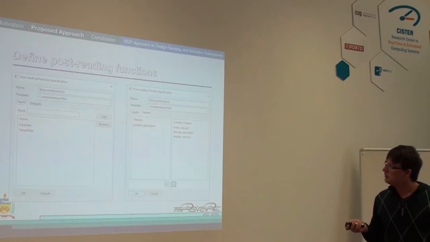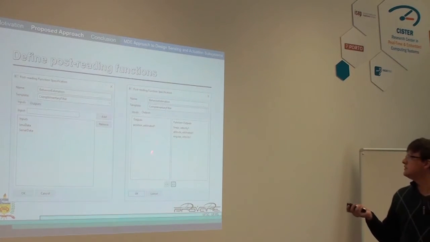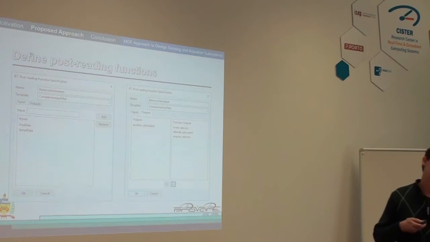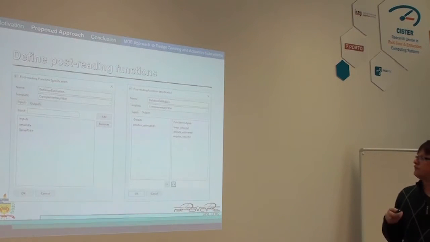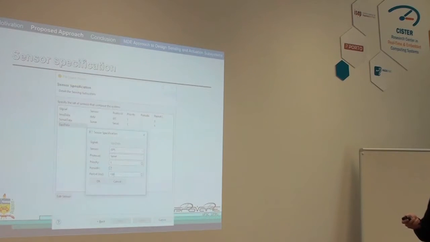So here I create just one function that specifies the system behavior, that receives the IMU and sonar sensor data and provides the velocity, attitude, and angular velocity of the system. And we have another one that receives the GPS data and provides the position.